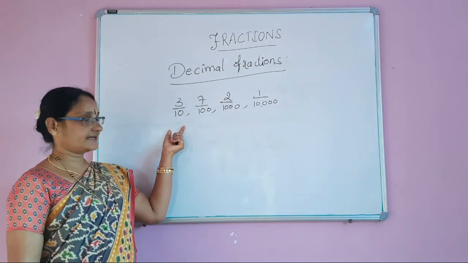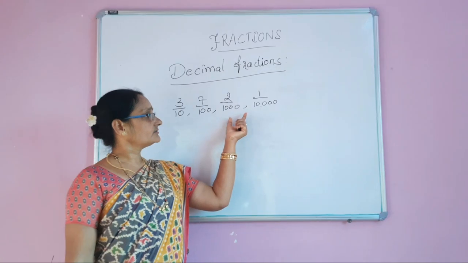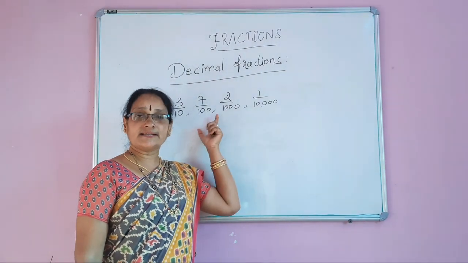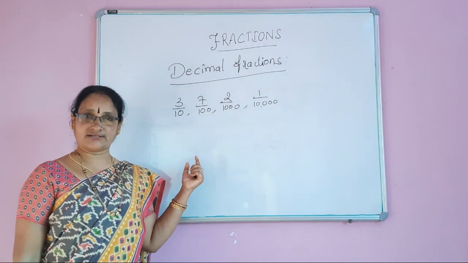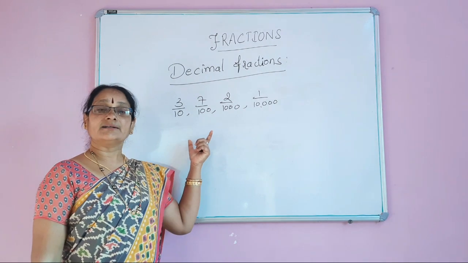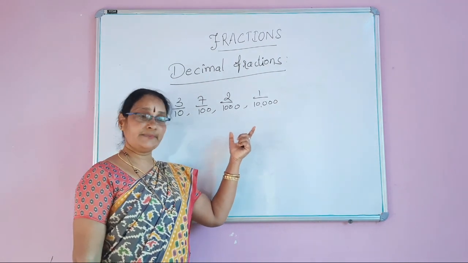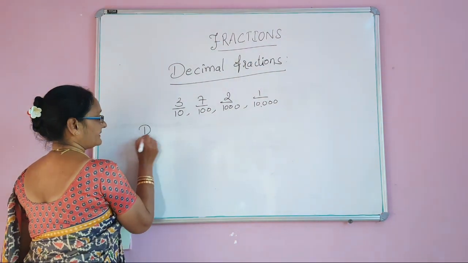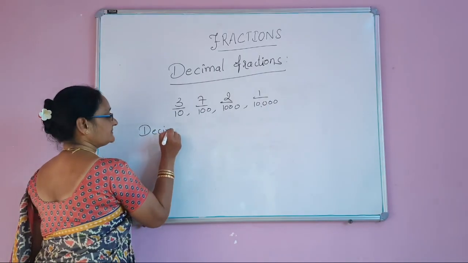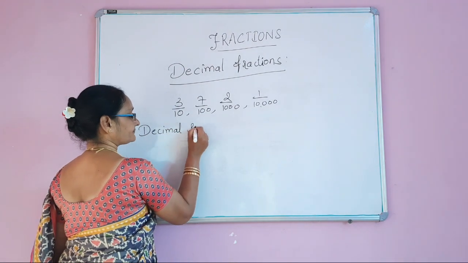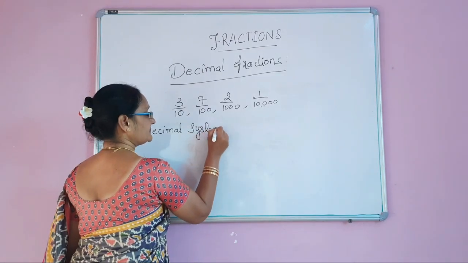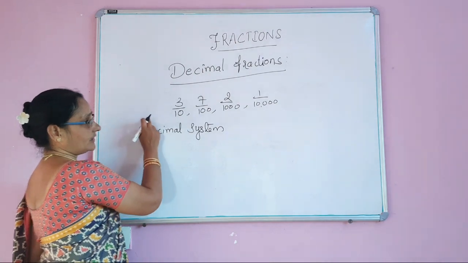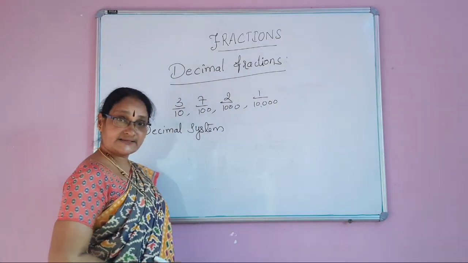See here, this is 10, 100, 1000, 10,000. These all are decimal fractions, and these decimal fractions can be written in the form of the decimal system. How to write these all decimal fractions in the decimal system?